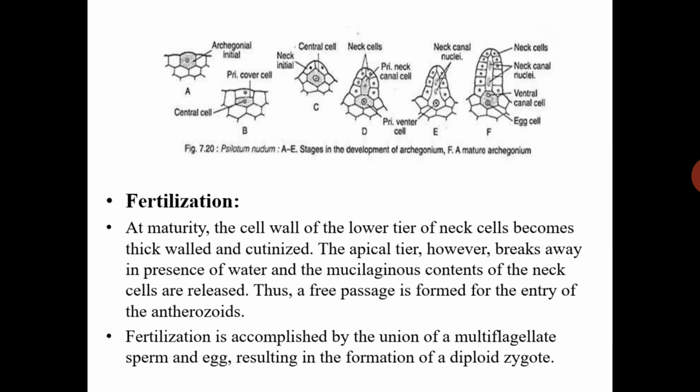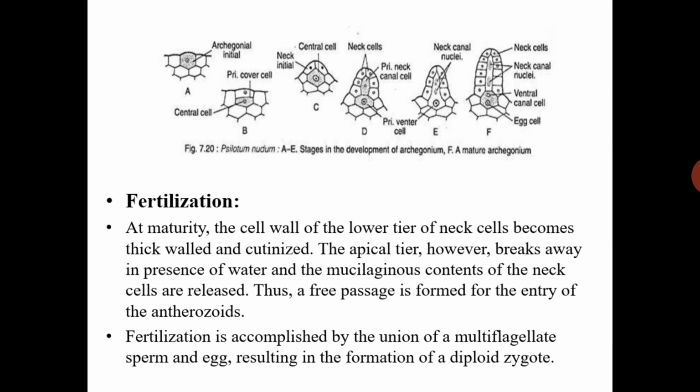Next comes fertilization. At maturity, the cell walls of the lower tier of neck cells become thick-walled and cutinized. The apical tier, however, breaks away in the presence of water and the mucilaginous contents of the neck cells are released.